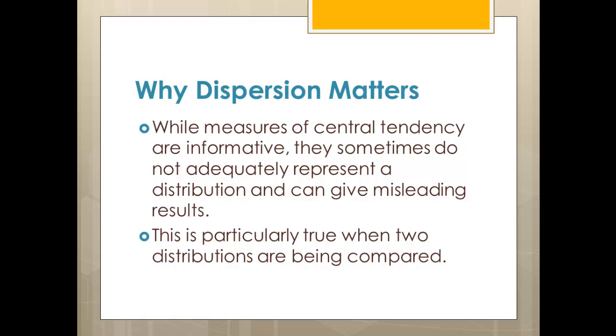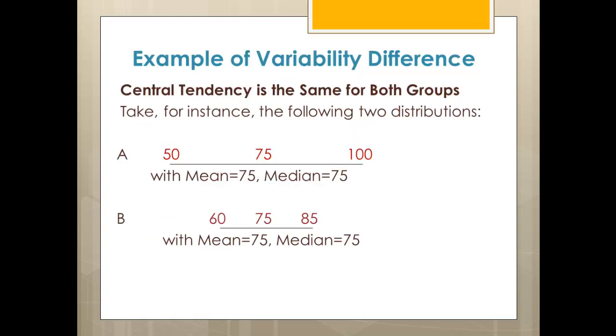So measures of dispersion allow us a level of confidence. We particularly rely on measures of dispersion when we're making comparisons and looking for relationships between multiple groups or between two variables.